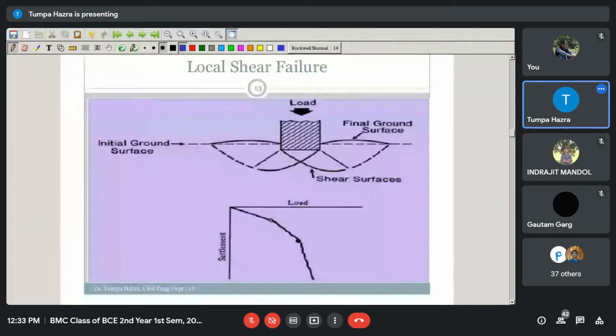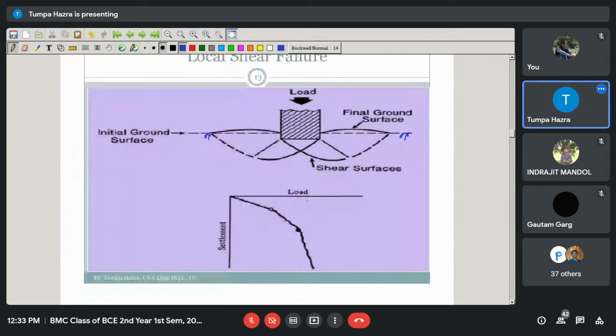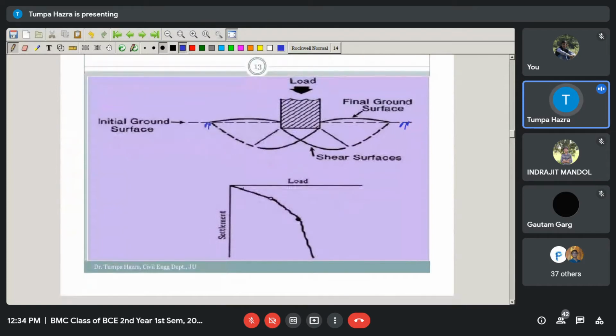So this is the picture of the local shear failure. Here this is the schematic representation of the building. This is the ground level. Whenever the load is transferred to the soil by the foundation, up to this there will be no failure of the soil, and the settlement will be within the permissible limit.